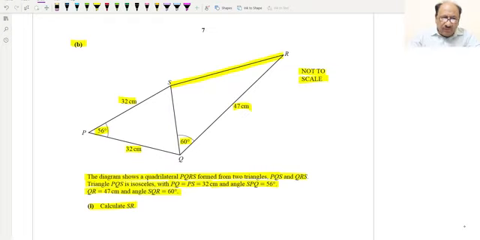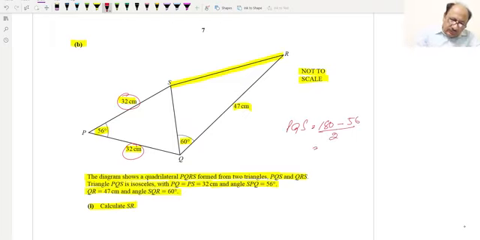QS. And how can we find QS? First of all, because these two sides are equal, their opposite angles will be equal, and we can figure out the opposite angle. So angle PQS will be equal to (180 minus 56) divided by 2.